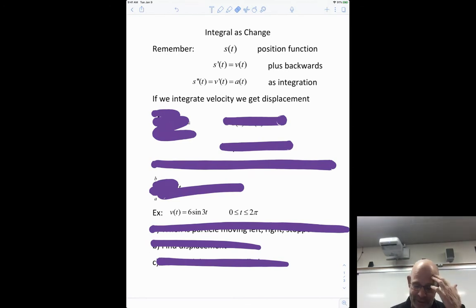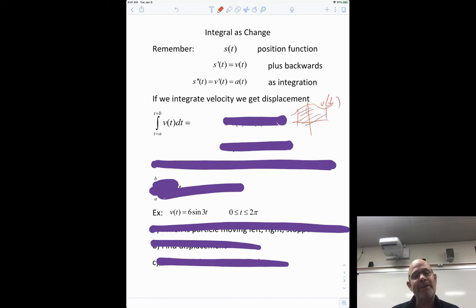But if we integrate velocity from time a to some other time b, we get how far this thing moved. Remember that integration is area under a curve. So you can think about this also if we have some graph, and this is the velocity graph. If you integrate from a to b, you get that area, which is the displacement.